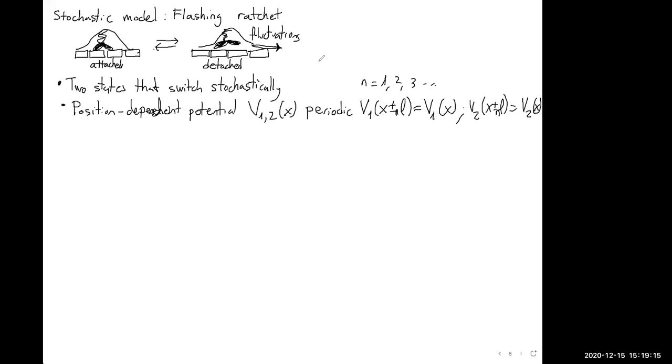We assume that the filament is infinite. The motion is modeled as a one-dimensional diffusion in switching potentials.